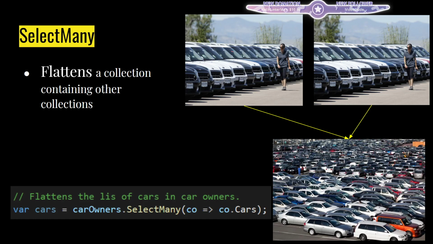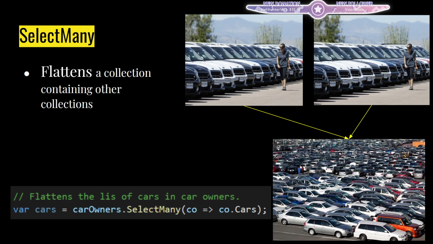So here we have car owners, and car owners have cars. So in SelectMany, I need to provide how do I select the flattened collection. And I simply say that my SelectMany will select cars of car owner. And that's the new collection. Like those cars will go to the new collection.